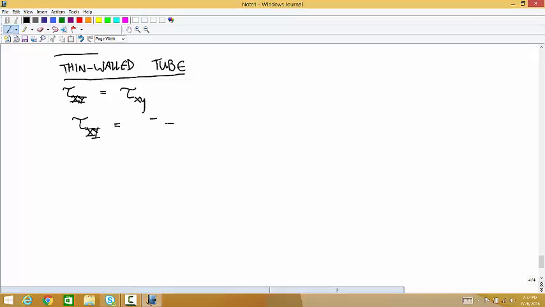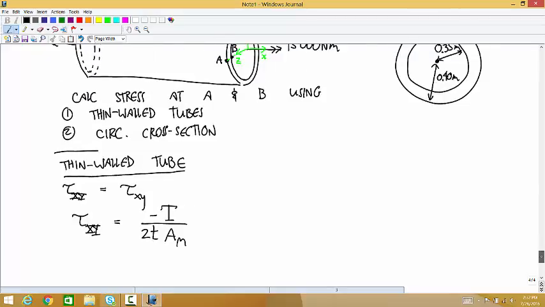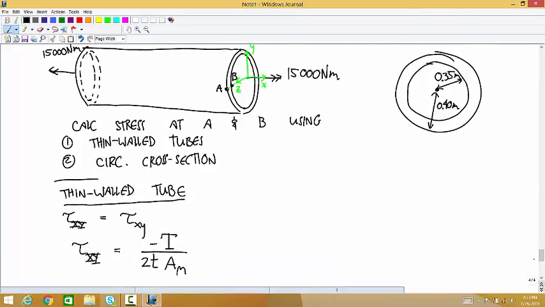Well, negative torque divided by 2 times the thickness times the area of the median of the cross-section. So this internal torque, can you eyeball that and tell me what that's going to be?